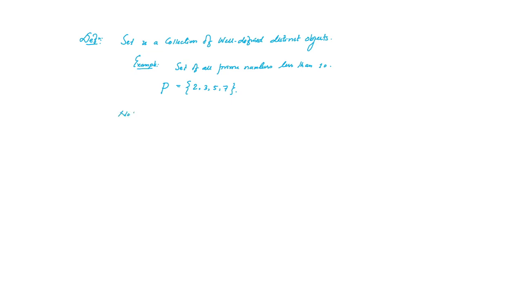Now note, when we represent the set, we will use a capital letter. Say capital letter S is equal to {a, b, c}. What exactly does it mean? That means a is an element of S. You will write a belongs to S, and b belongs to S, and c belongs to S.